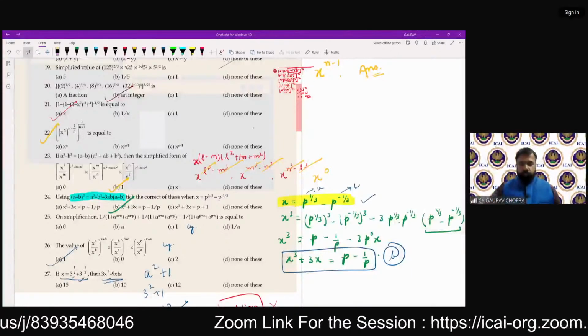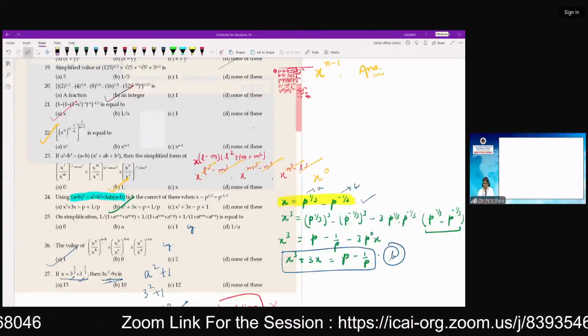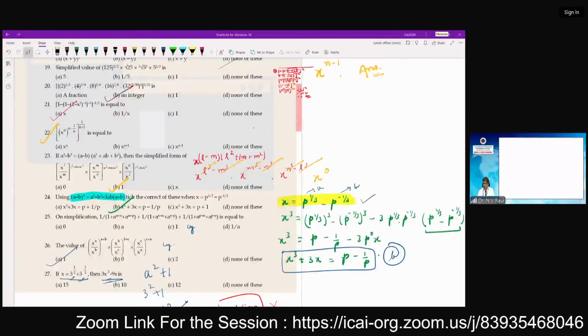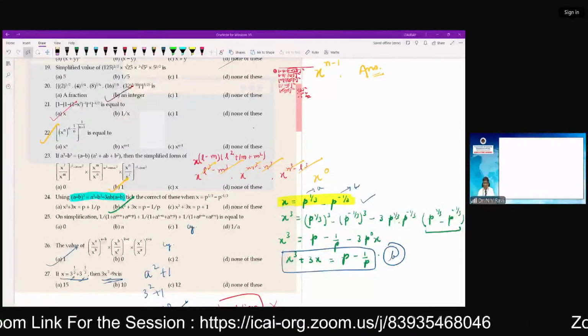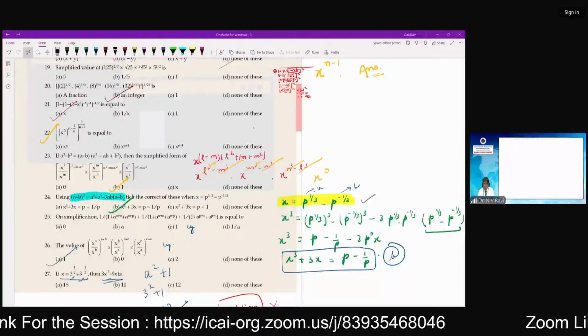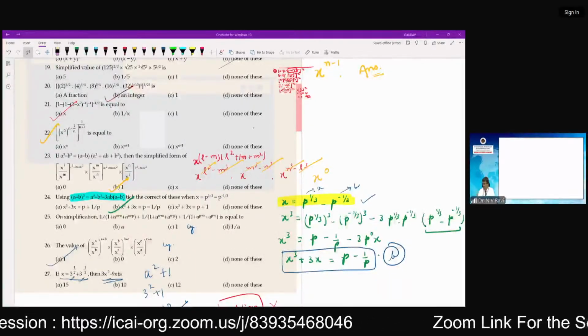Then the same logic is used in several places in arithmetic also, and logarithms are also very important.